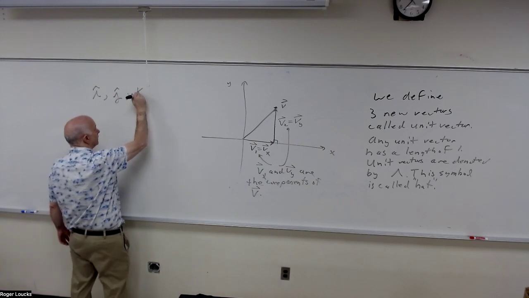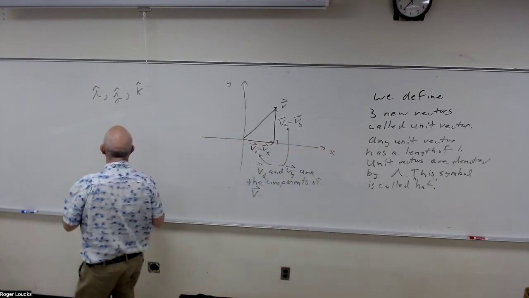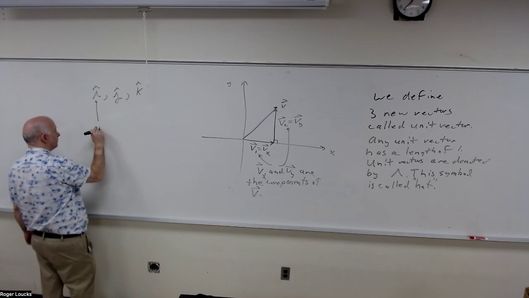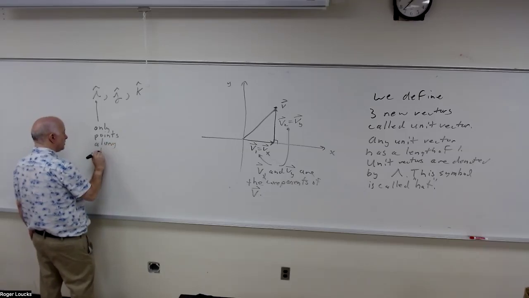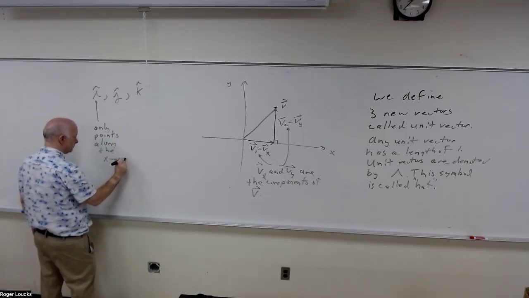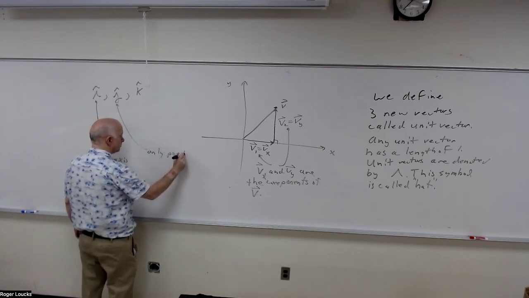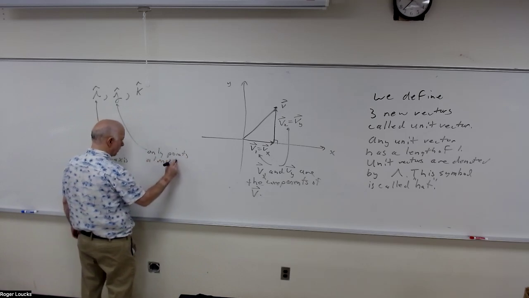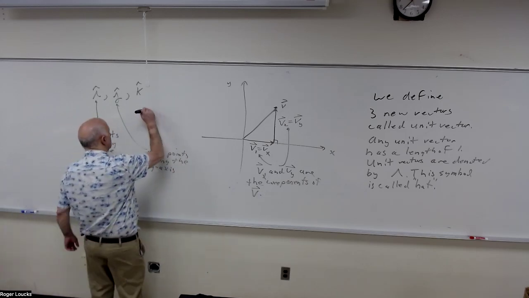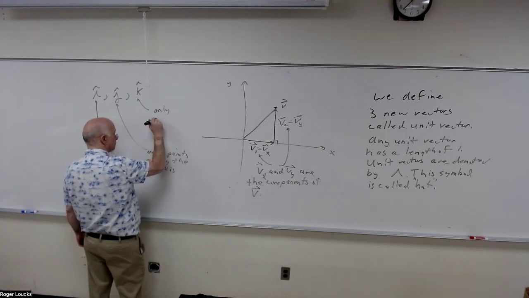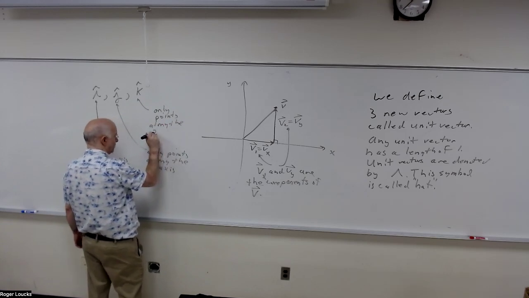And our third unit vector is called k hat. i, j, and k. i hat here only points along the x-axis. j hat here only points along the y-axis. k hat here only points along the z-axis.